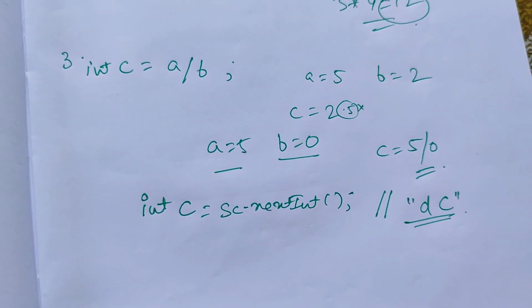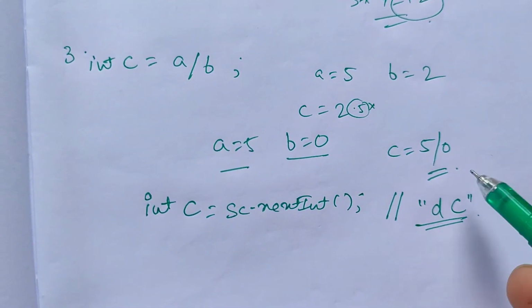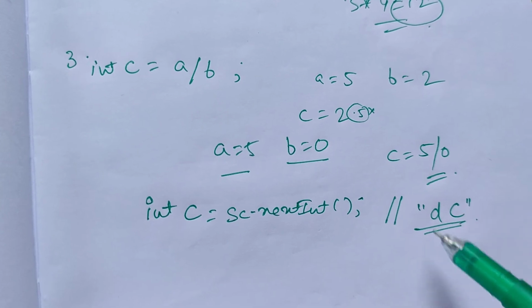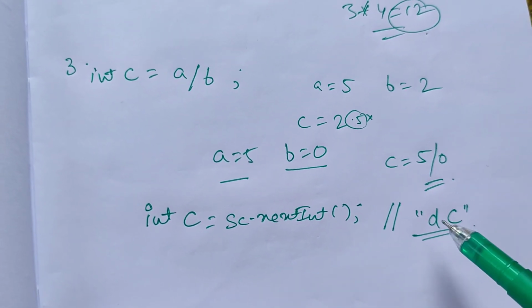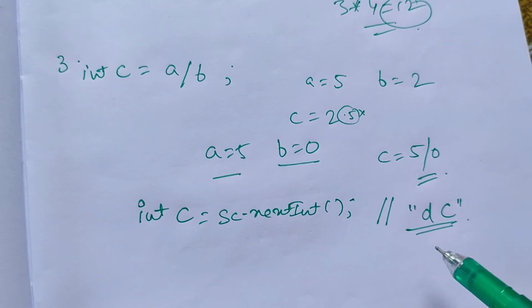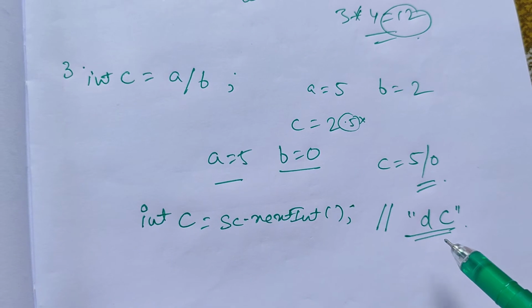So what will happen? It will show you one error, because it is not a number. So this error is not because your syntax is wrong or your logic is wrong, but because the user is giving some wrong input. That is called a runtime error.